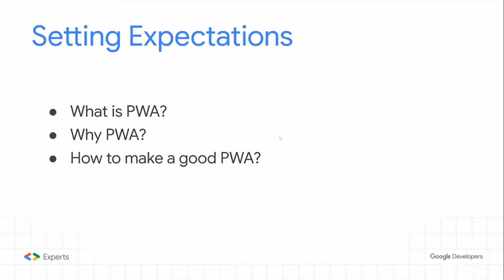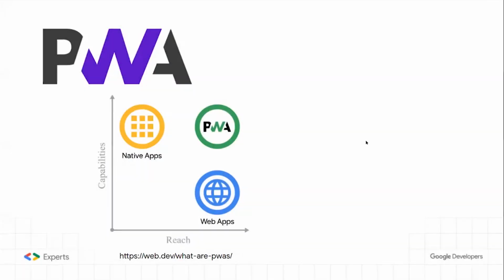So first is, what is PWA? Progressive Web App is sort of something in between web apps and native apps. The idea with web apps is another fancy word for website.